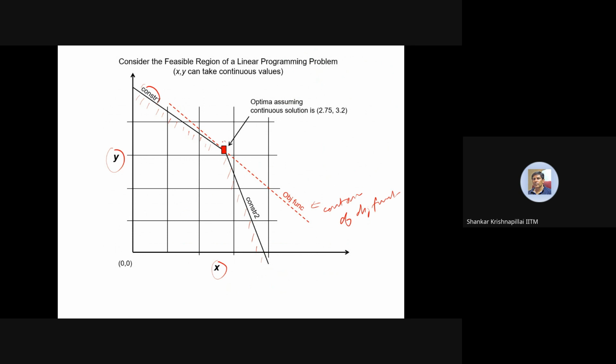This is the solution, assuming that x and y are continuous. So the answer is x is equal to say 2.75 and y is equal to 3.4.